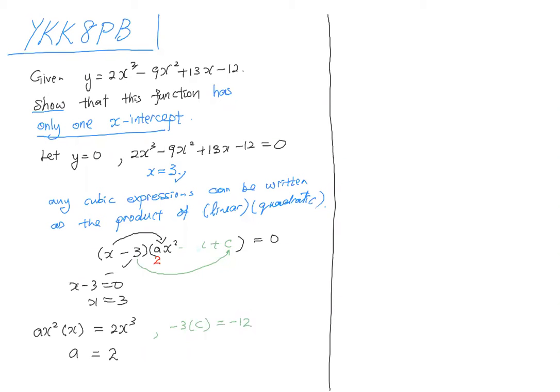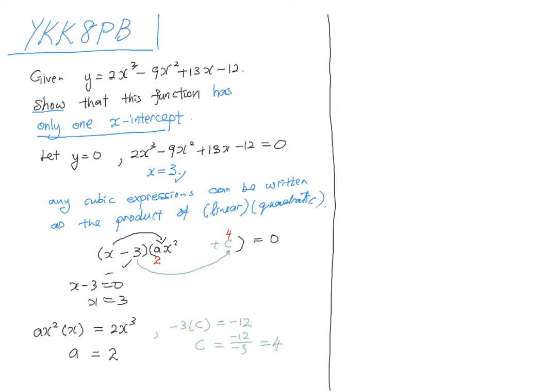So can I know the value of C now? Student, can you tell me what is the value of C? 4. Good. So I know that C is equal to -12 divided by -3. So that is 4. So now I can replace my C with 4 here.